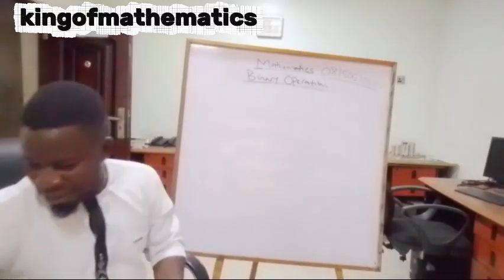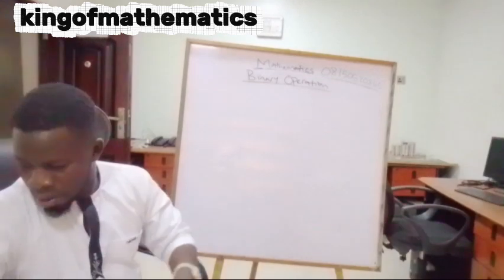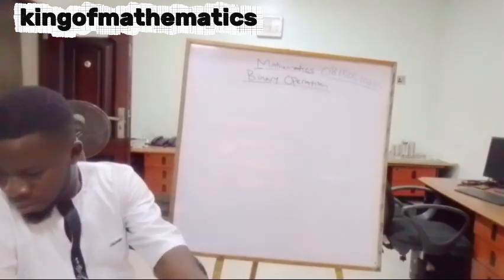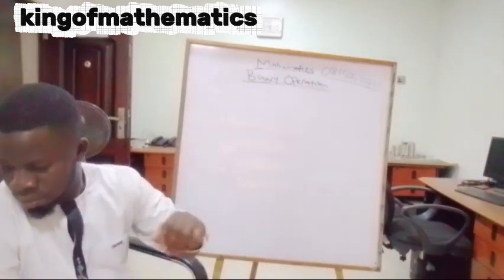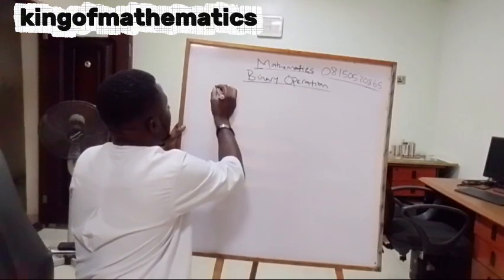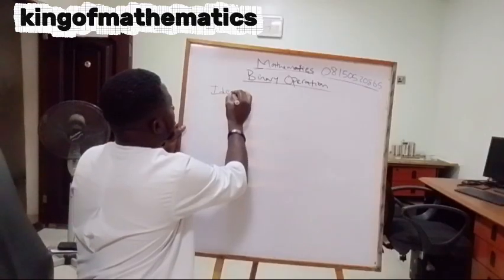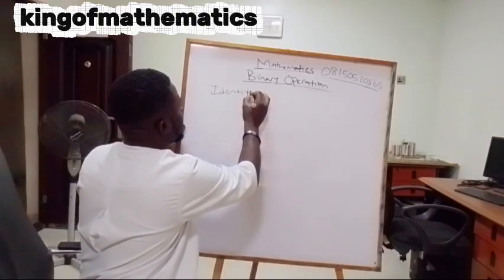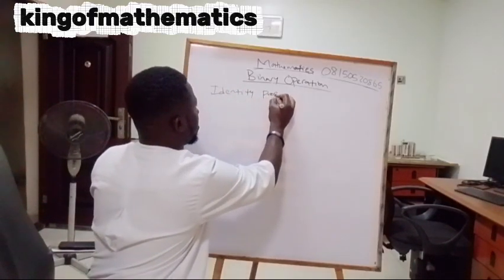So still on properties, we have identity property.